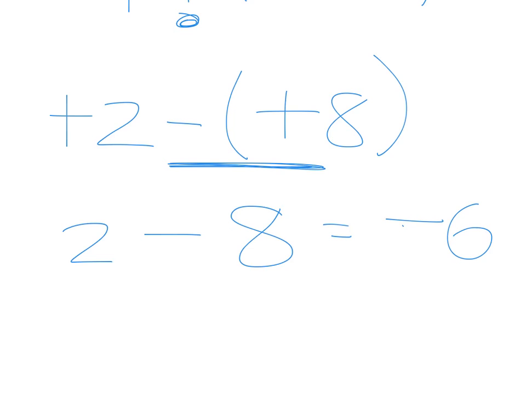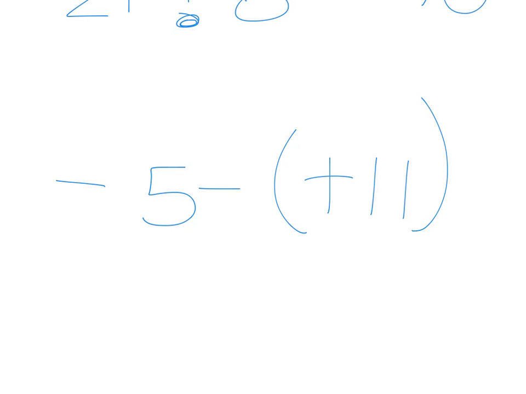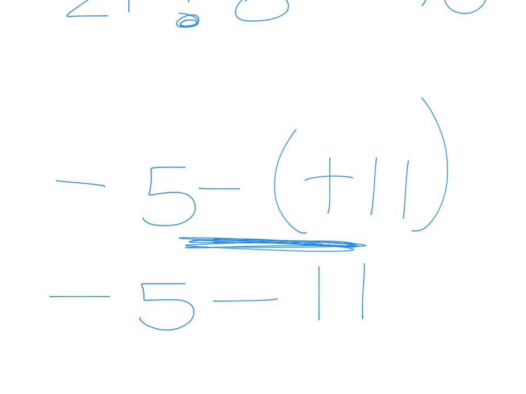All right? So let's do one more just so that you can be clear on that. If we've got negative 5 take positive 11, and the only reason why we're putting in the brackets is because they argue so much, there can only be one seat. Negative 5 take 11. So that means you're on negative 5.